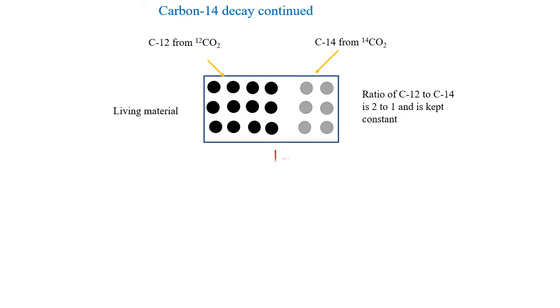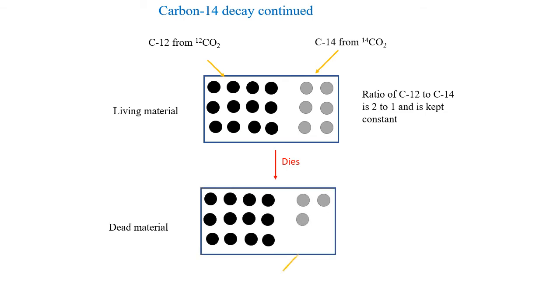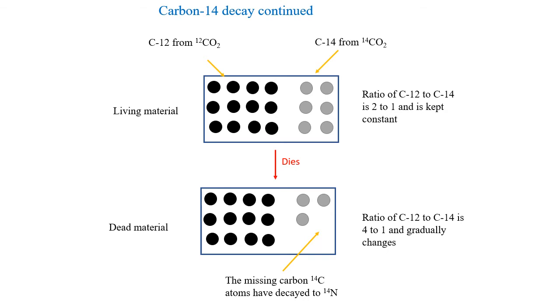However, when these living organisms die, the ratio will change, because carbon 12 is not decaying, it's not breaking down. All atoms of carbon 12 will be present. However, carbon 14 gradually decreases, and as such the ratio starts to change.